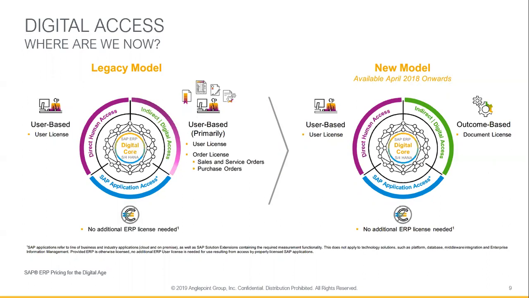But really the idea is, instead of counting users, we now count the outcome of an interaction between a user or a system with SAP, and the metric that we're looking at is documents. So I think again, everyone should be aware of this concept from SAP.